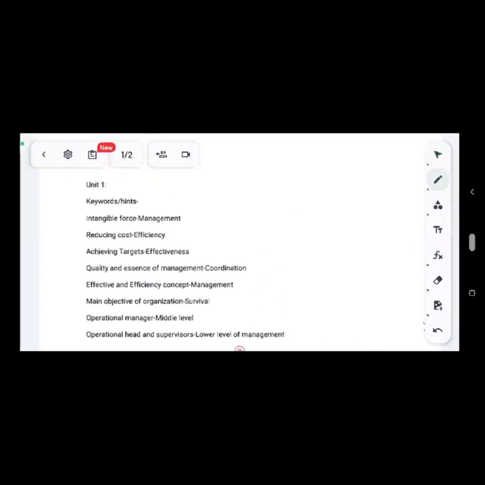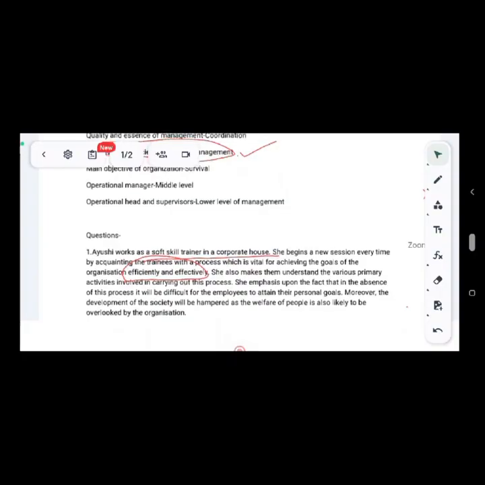As discussed in the keywords, efficiency and effectiveness come under the concept of management. So the answer we just got with those two words, efficiency and effectiveness, is management. Moreover, the development of society will be hampered as the welfare of the people is also likely to be overlooked by the organization.